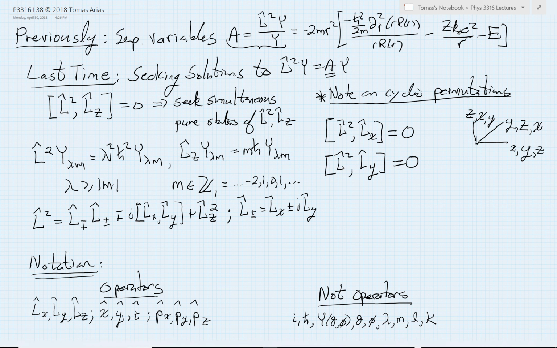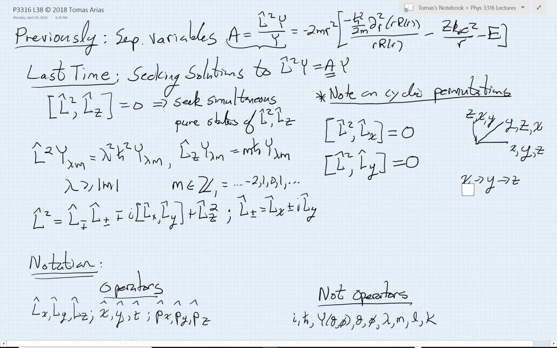The next key lesson is this fact that we can take any of our equations and simply relabel our axes to generate another valid equation. And there's a nice pattern in terms of how this mapping occurs. If you look at the first mapping that I made, the x-axis got relabeled as the y-axis, and then the y-axis got moved over and relabeled as the z-axis, and then the z-axis got relabeled as the x-axis.